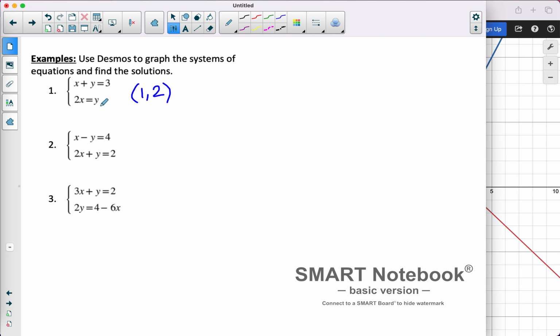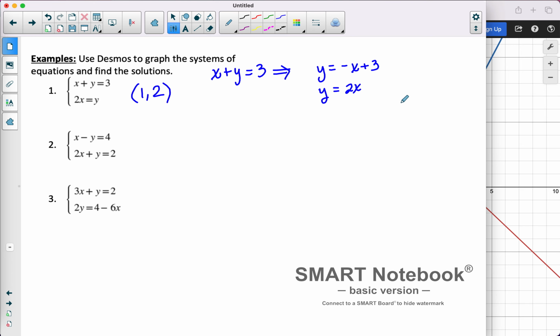The reason why Desmos is going to make this so much nicer is because we're not having to do this by hand. But if we did have to graph specifically by hand, I would have to solve this equation for y. I need to get y by itself. And so I can move that x to the right side and make that negative x plus 3. This second equation is actually already solved for y. It's just on the opposite side, but it's y equals 2x.